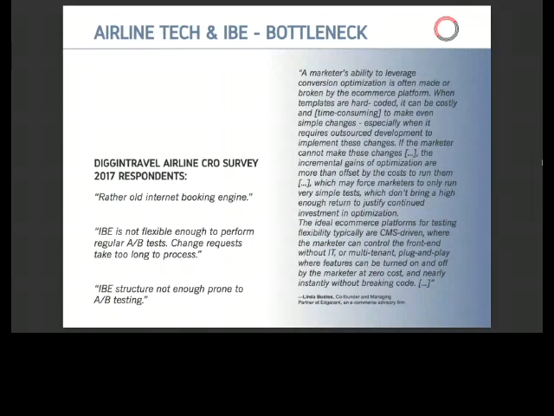You can see here on the left side what our respondents told us: most of them are constrained by either old technology or booking platforms that are not flexible enough to test on a regular basis.